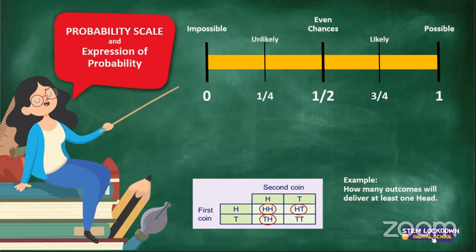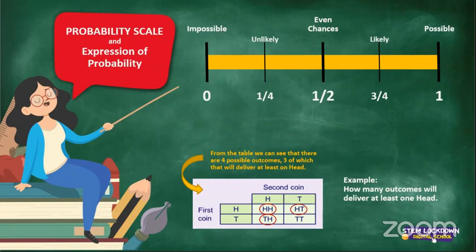No, it doesn't. So how many outcomes will deliver at least one head? From the table, we can see that there are 4 possible outcomes, 3 of which will deliver at least one head. There we go, Lionheart, Megan, very good, Vicky. Three, there we go.